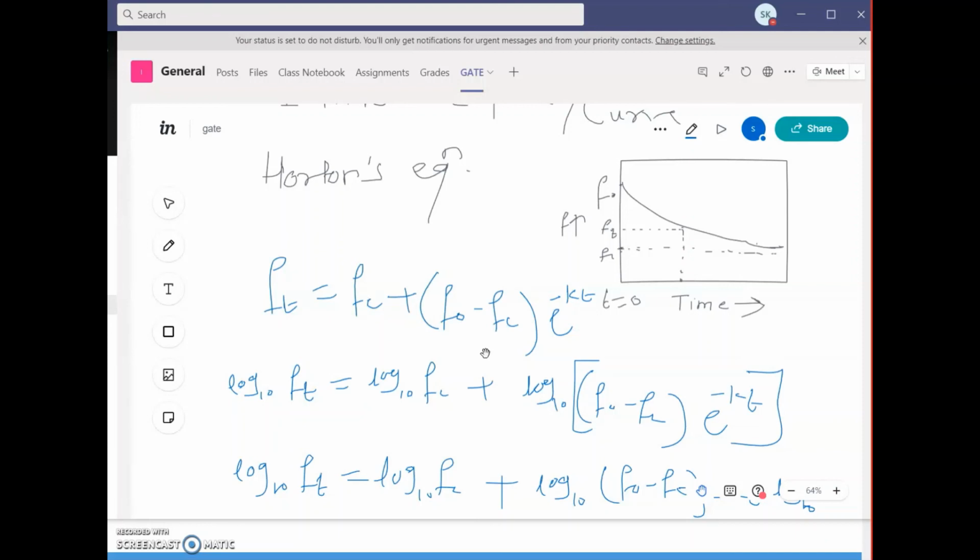So infiltration capacity is the maximum infiltration rate, and we get it initially, when t is equal to 0. So this is all about Horton's equation. We will solve problems based on this Horton's equation or the infiltration rate in the next session.